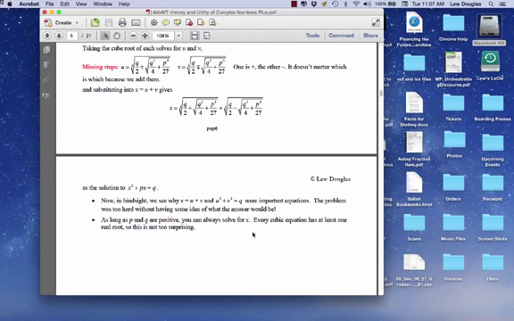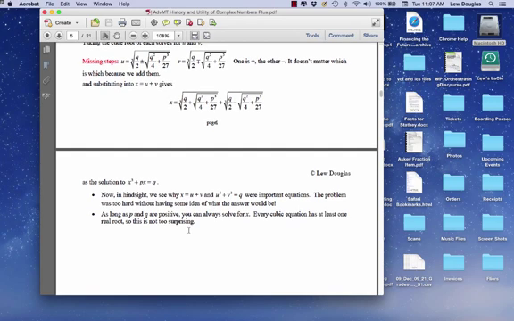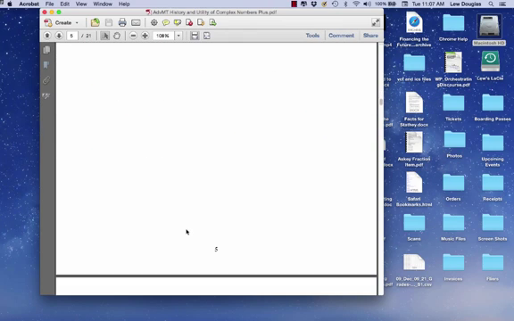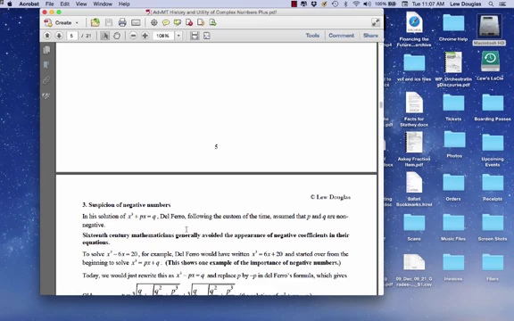And then, as long as p and q are positive, you can always solve for x. Every cubic equation has at least one real root. So that's not surprising. If you think about the graph, it always is going to cross the x-axis at one point. So why did I bring this up?